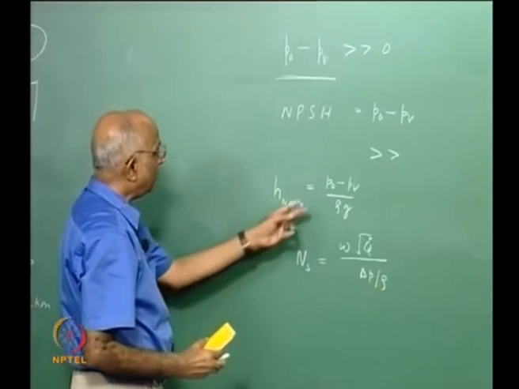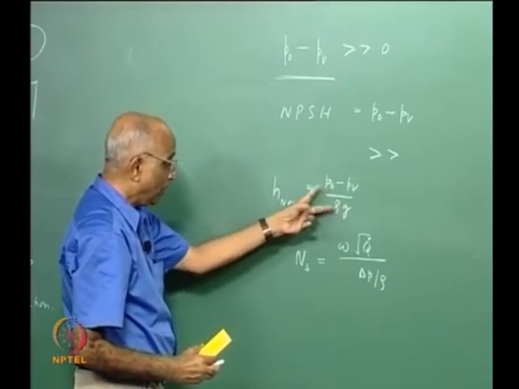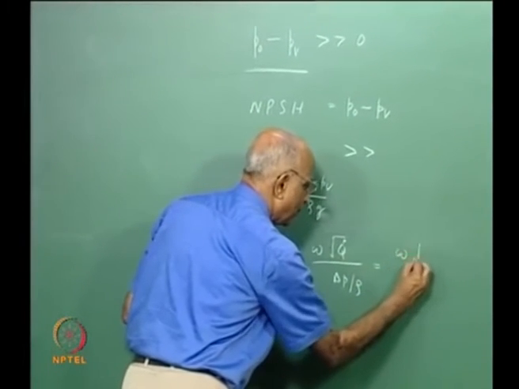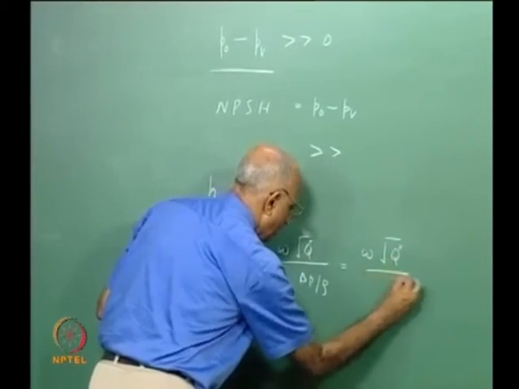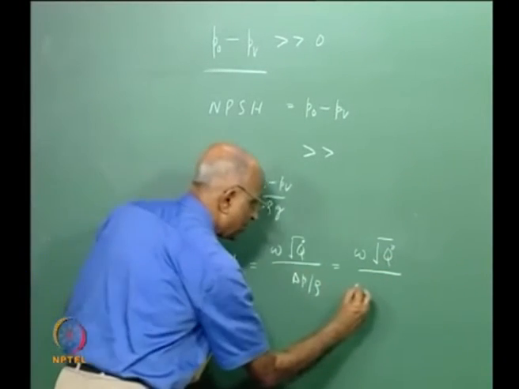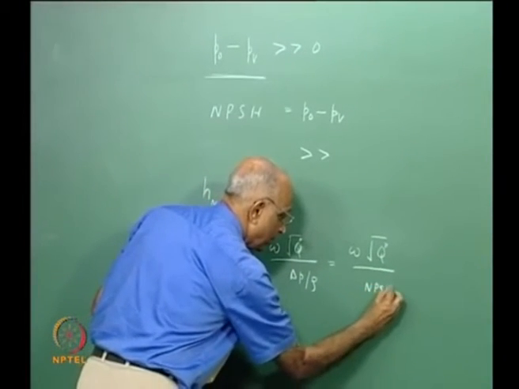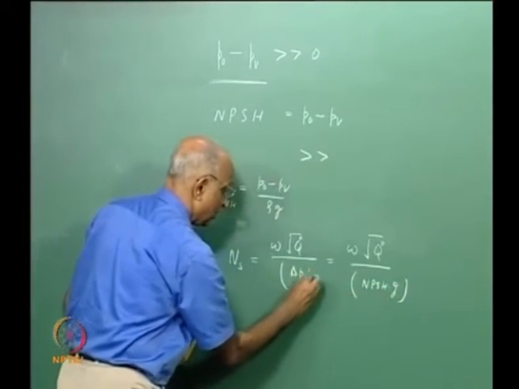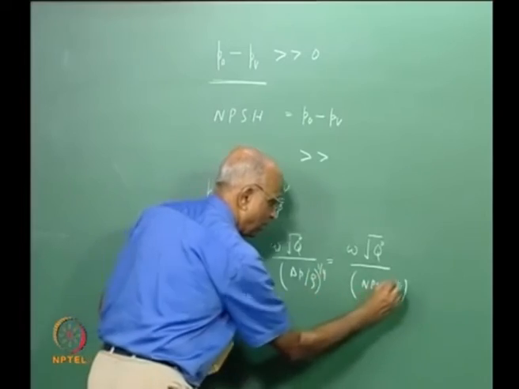I substitute delta p by rho, whatever I am getting at the pump inlet, as equal to something like omega into q dot divided by net positive suction head into the value of g to the power 3 by 4, I am sorry I gobbled it up.